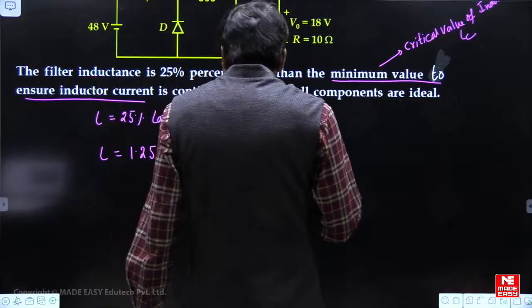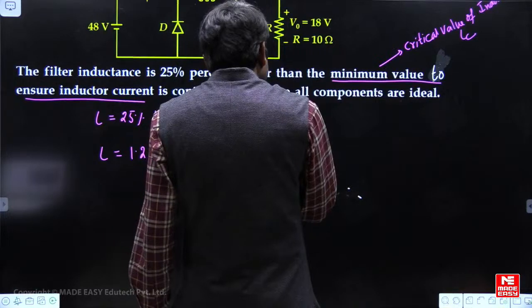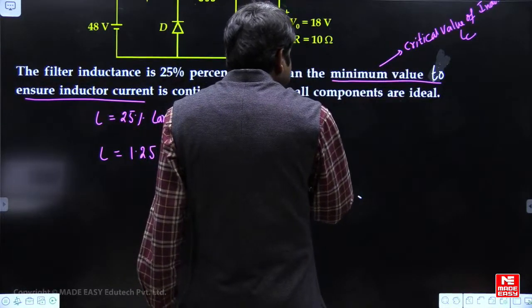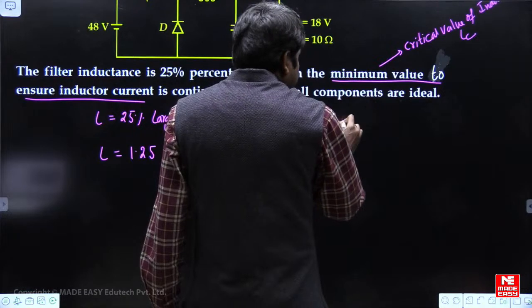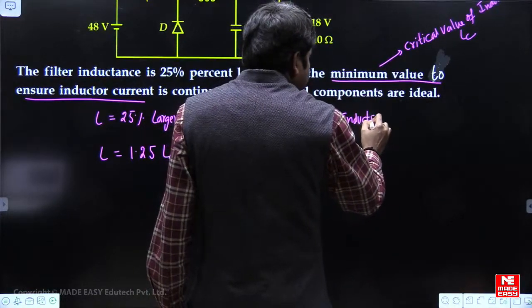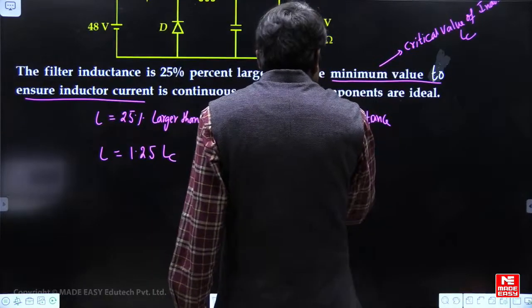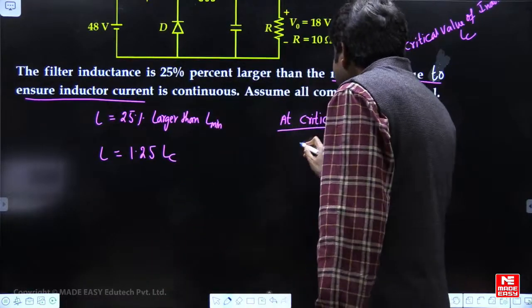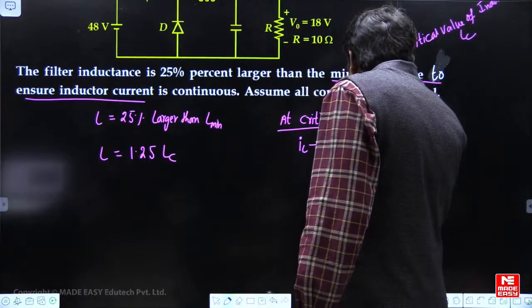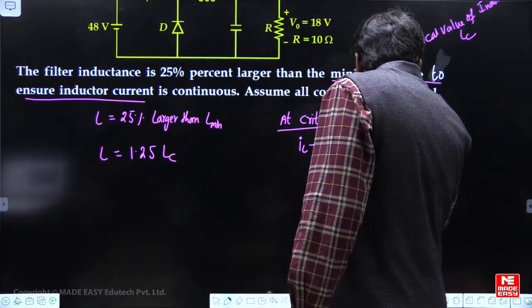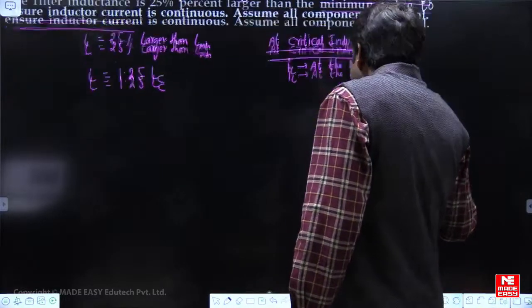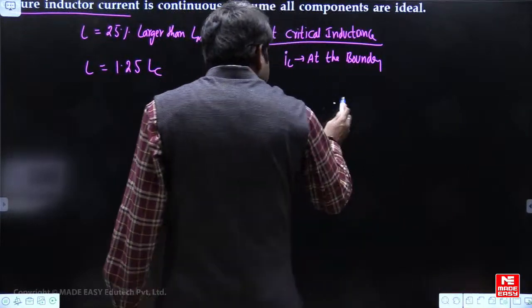At critical inductance, the IL waveform is at the boundary. I hope you understood.